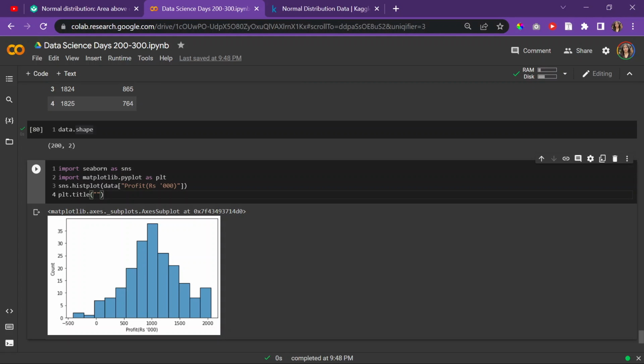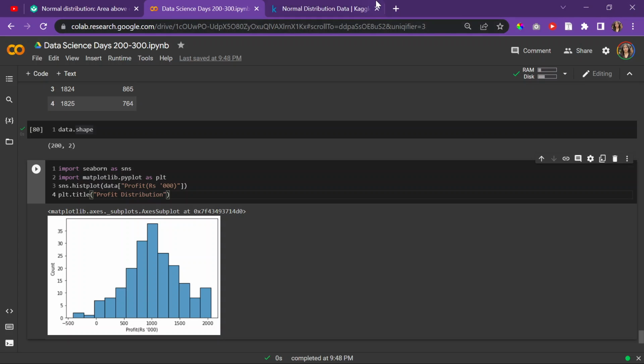Actually, it's very interesting because a histplot, displot is the same thing as density. I'm trying to think. Okay. Profit distribution.